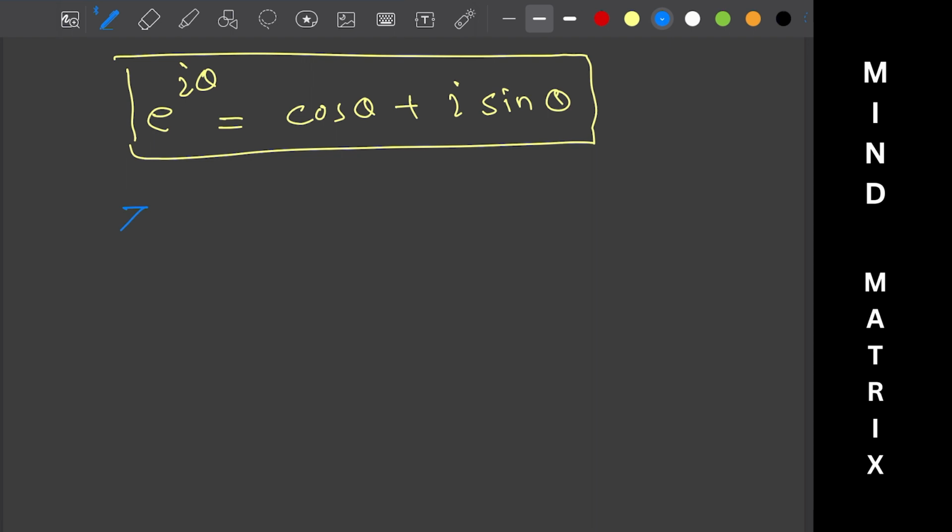Now we know from the polar coordinates of a complex number that z equals r cos theta plus iota sin theta.